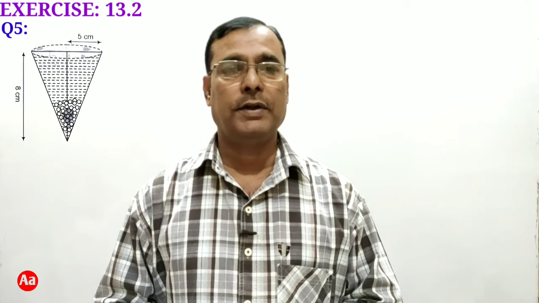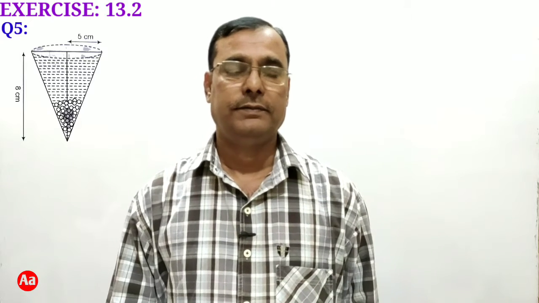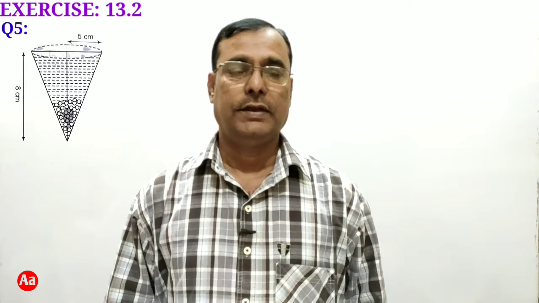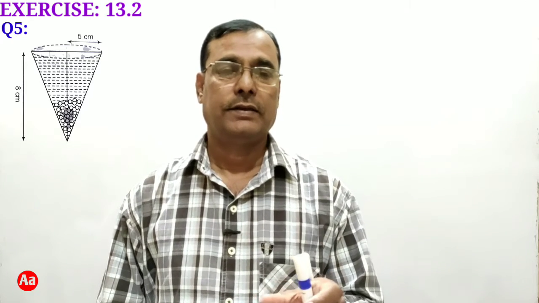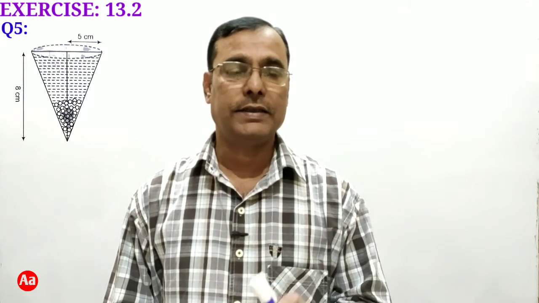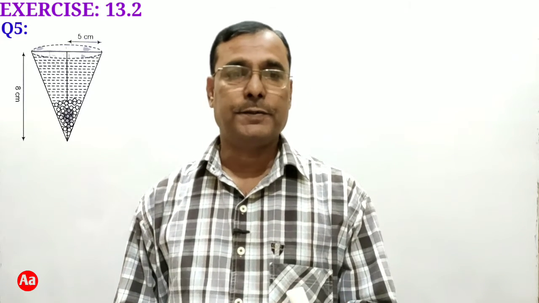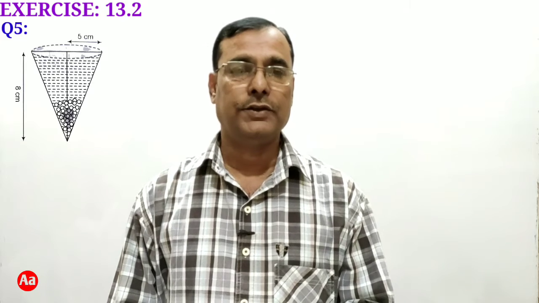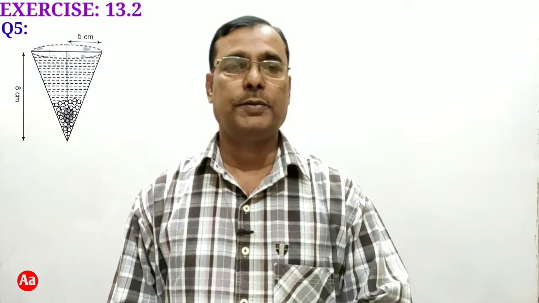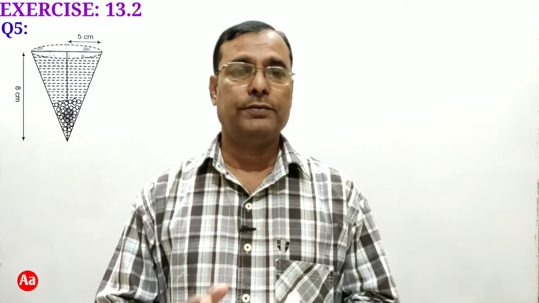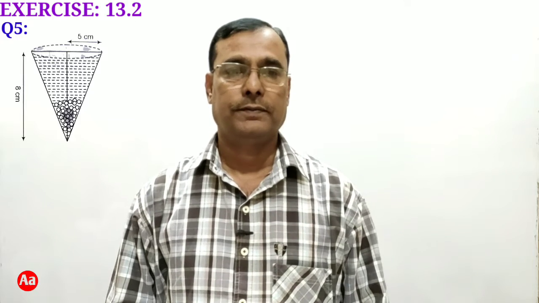Find the number of lead shots dropped in the vessel. This is the question. Dimensions of vessel given, radius and height 5 centimeter and 8 centimeter. Radius of spherical lead shot also given 0.5 centimeter. When some lead shots are dropped in the vessel, then 1/4 of volume of water flows out.